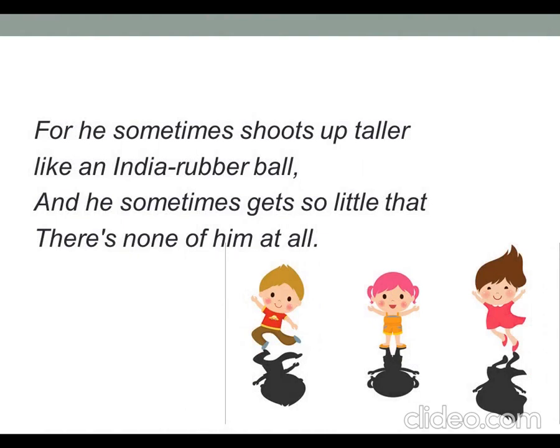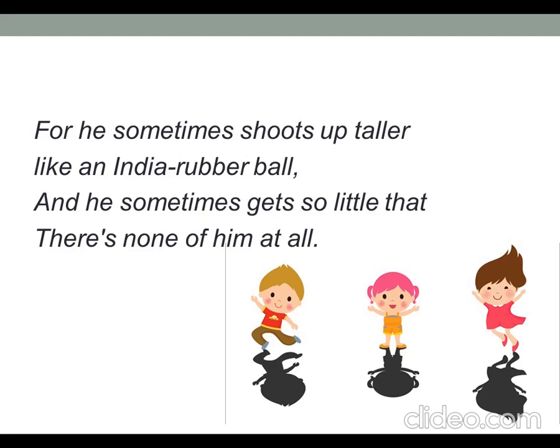For he sometimes shoots up taller like an India rubber ball, and he sometimes gets so little that there is none of him at all. So previously said that the shadow grows in a funny way. So why is it funny? Because sometimes he shoots up taller like an India rubber ball.